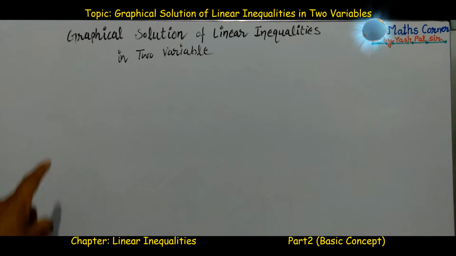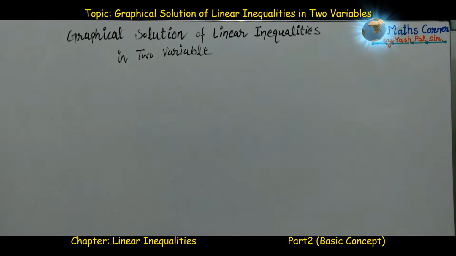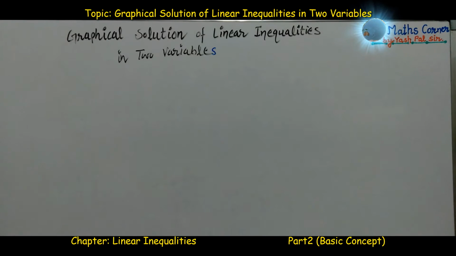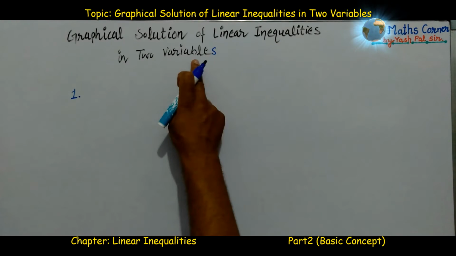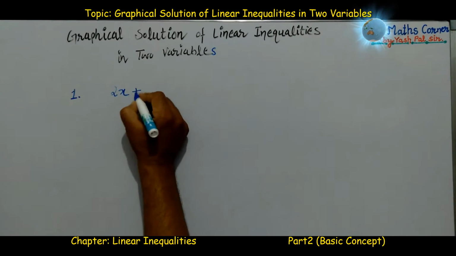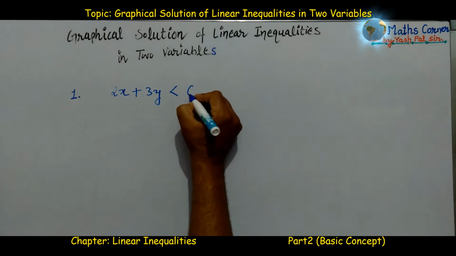Now we shall discuss the graphical solution of linear inequalities in two variables with the help of one example. Let the linear inequality in two variables be 2x plus 3y less than 6.